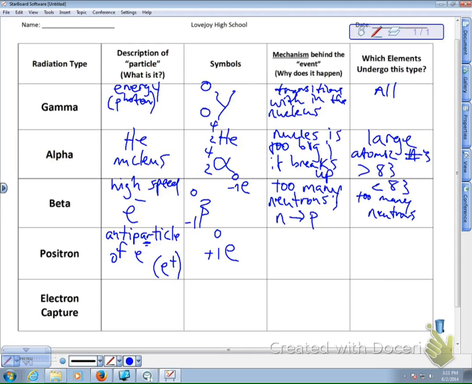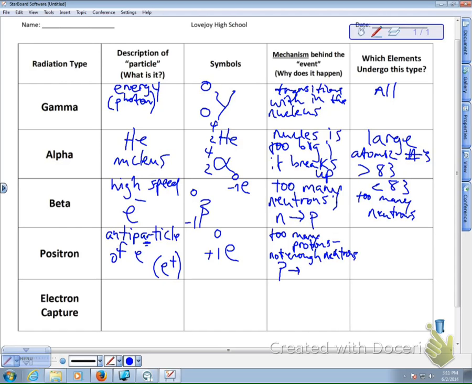Why does it happen? It happens when you have too many protons. Or you could say not enough neutrons. What happens is that it's kind of the opposite of a beta.